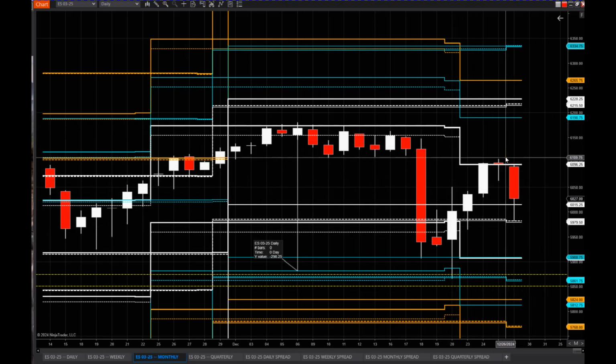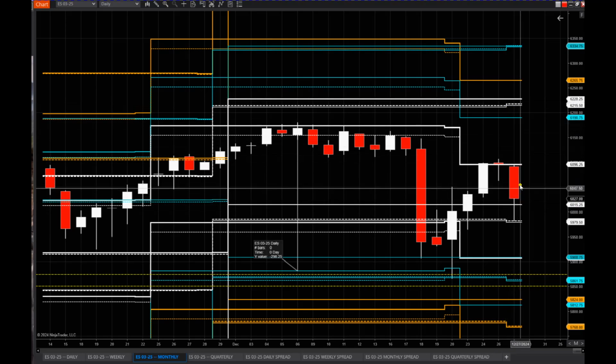6100 is blocked, pinned, and 6105 has a lot of volume on it. But conversely, there's still plenty of room to go up in 2 days as well. It could rally back to the high.